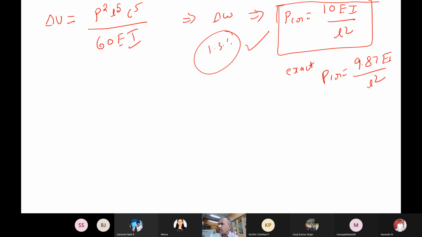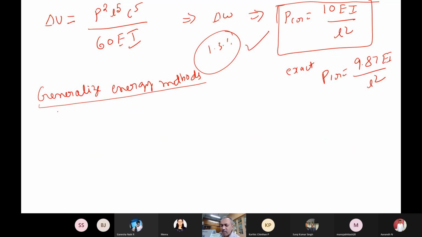Now if we want to generalize the energy methods, make them more general, all the energy methods come under which subject in mathematics? What is the mother of all the energy methods?